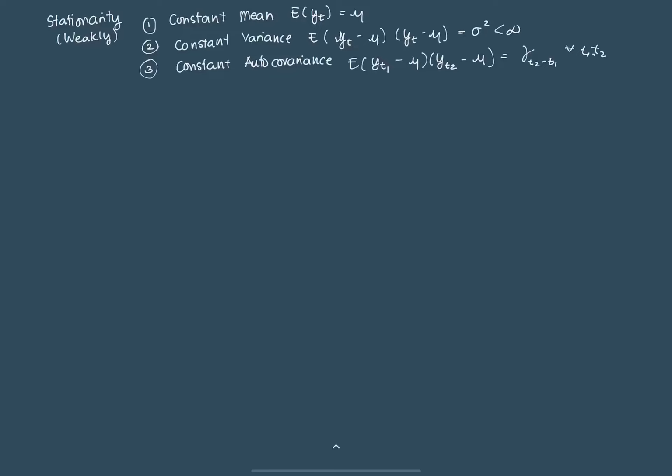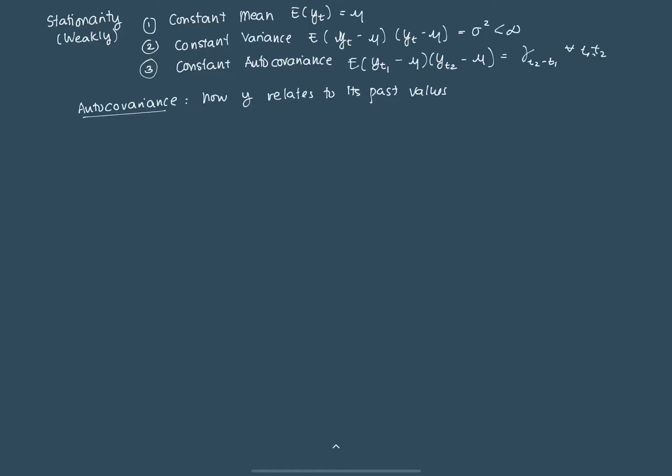For a weakly stationary time series data set, an autocovariance is basically how y relates to its past values.